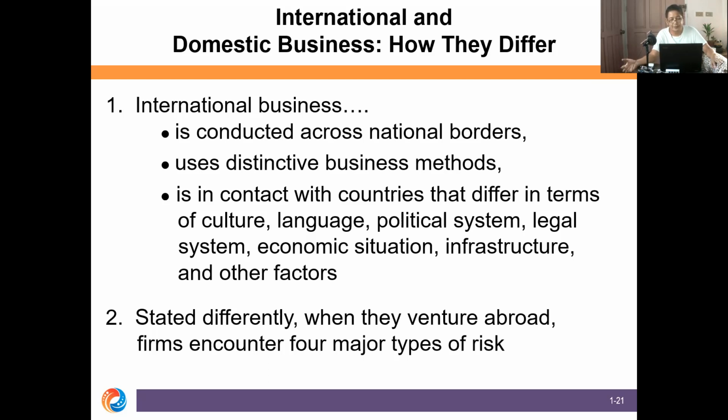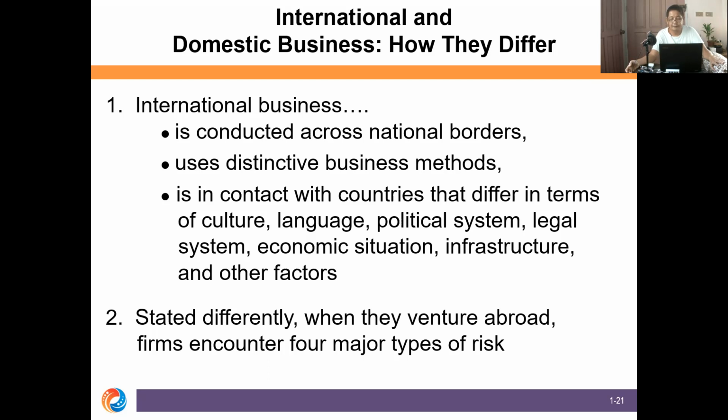So anong gagawin mo? You have to consider all this: culture, language, political, legal, infrastructure, and other factors na pwede mo pang maisip na makaka-apekto sa negosyo. Okay? So that's international business.